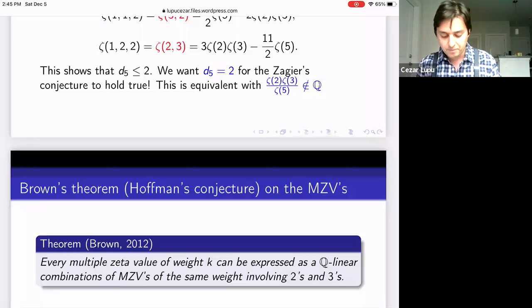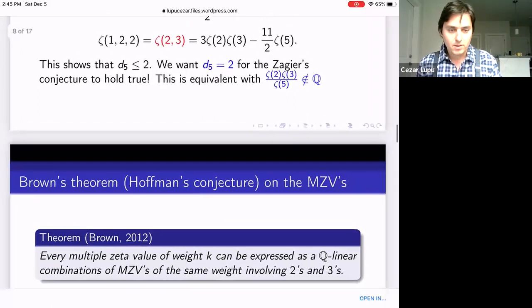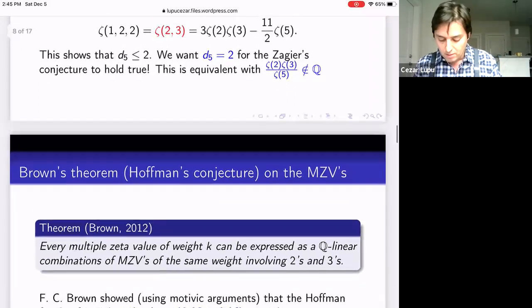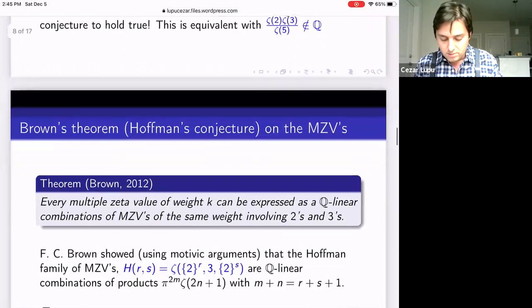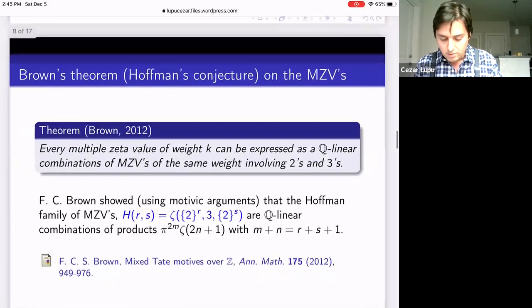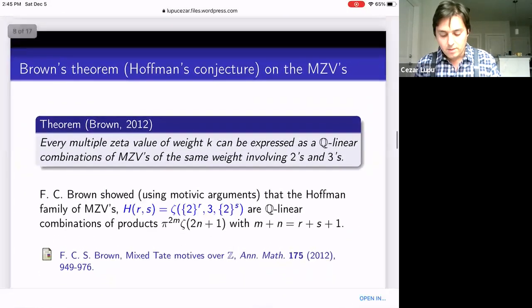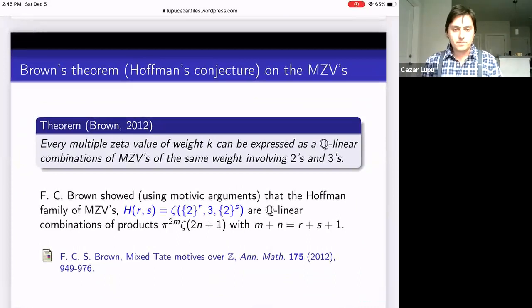This is important. In fact, many people thought that this was not even true. But this was proved by Brown in 2012. It's a very deep result. He used motivic multiple zeta values, and then by applying the period map, he obtained some information about the multiple zeta values. Anyway, this is a very complicated paper.